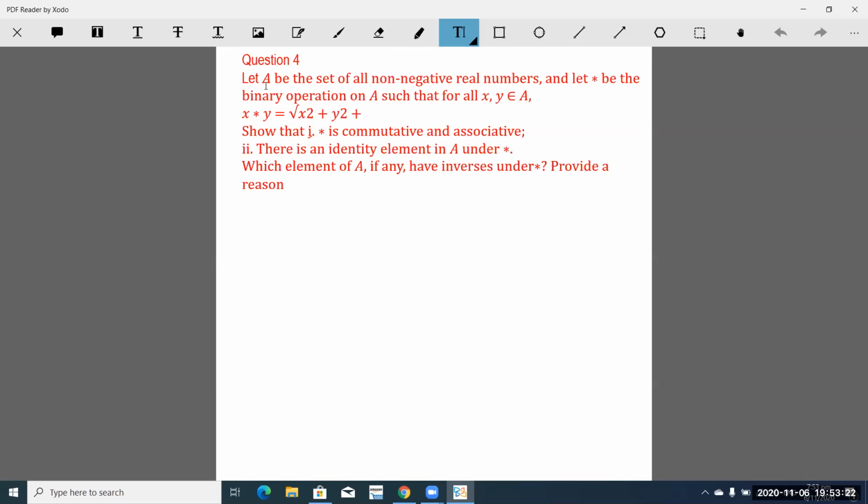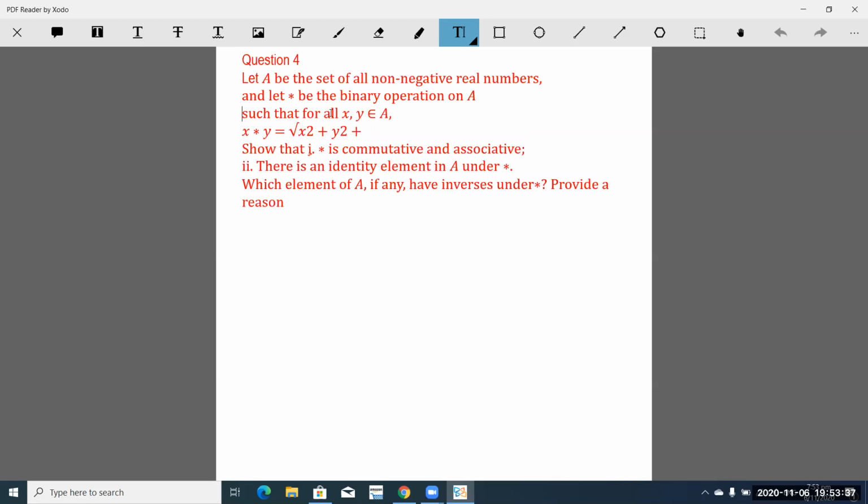All right, so let A be a set of all non-negative real numbers, and let star be the binary operation on set A, such that for all x and y in set A, x star y is the square root of x squared plus y squared.